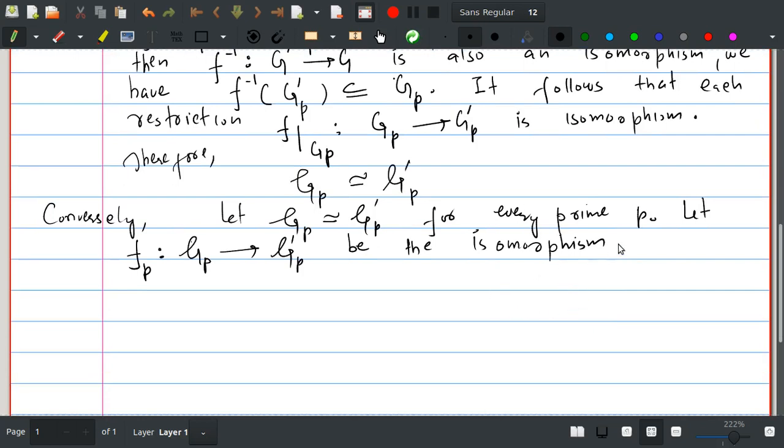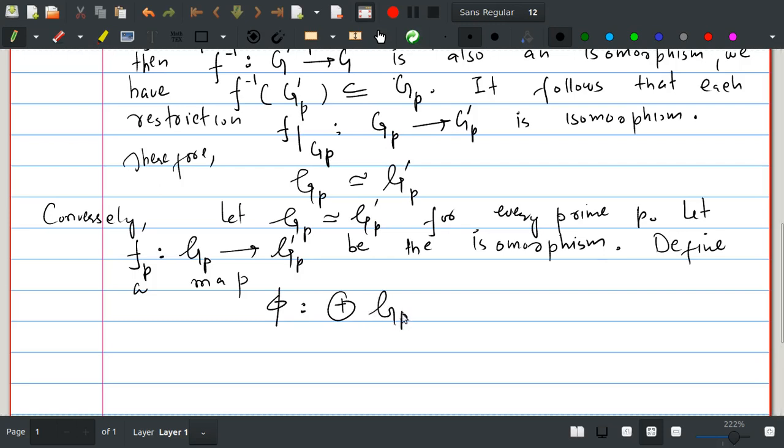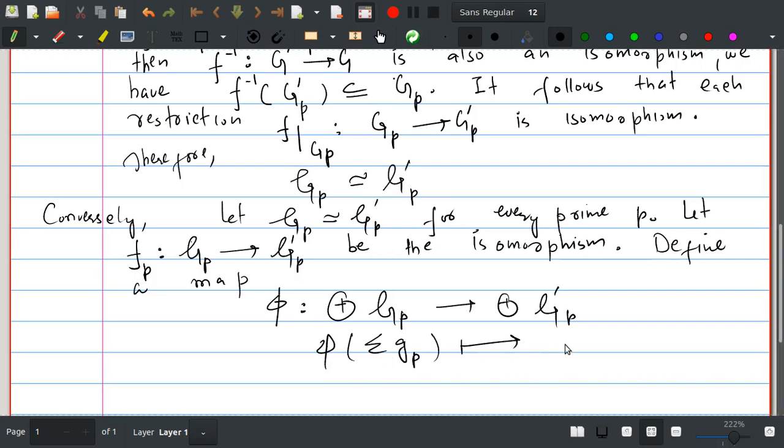Now define a map, say phi, from the direct sum of these G_p's to the direct sum of these G prime_p's.